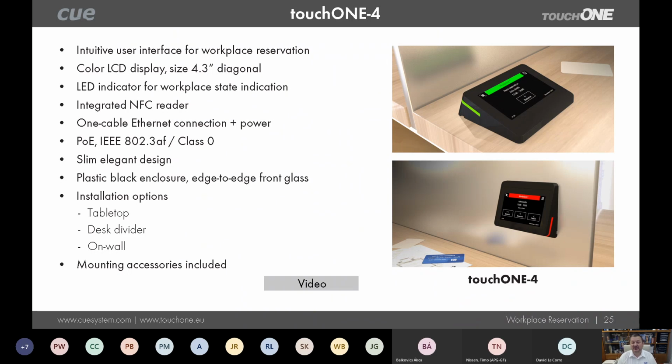And also there is integrated NFC reader you can use for NFC cards if you want to have authentication on these workplace interfaces. So that's a typically some extra feature over a basic interface, which is not equipped with an NFC reader. And you can install it in many different scenarios.